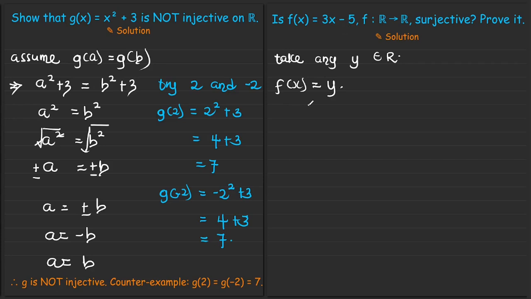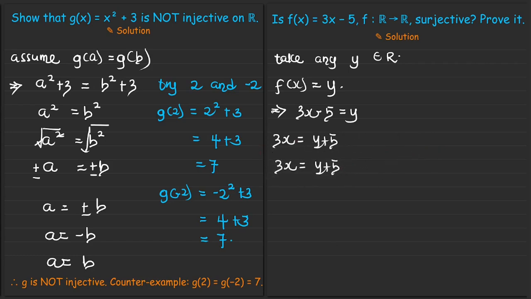Now if f of x is equal to y, then it simply implies that 3x minus 5 is equal to y. Then what you do here is you make x the subject. So making x the subject, we have x being equal to, 5 moves to the other side to give us y plus 5, not forgetting our 3. Then what we do now is we divide both sides by 3.